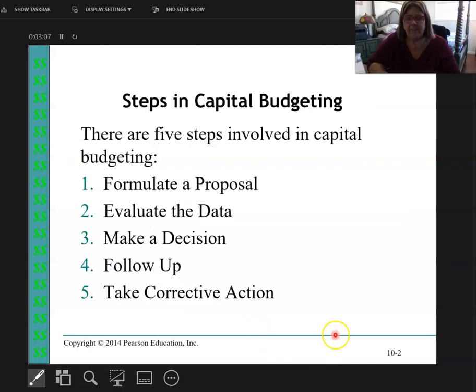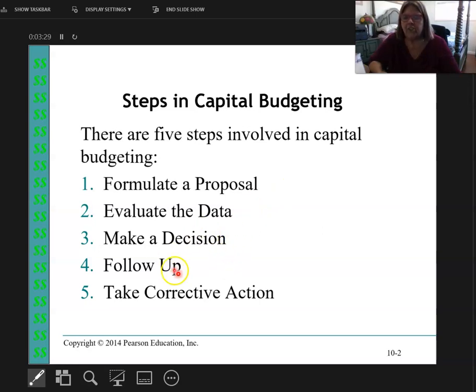So here are my steps to capital budgeting. When we get down into evaluating the data, we're going to be talking about different methods, but this is just a 5-step process to figure out how do I do capital budgeting. First, I have to formulate a proposal, evaluate the data, make a decision, follow up.